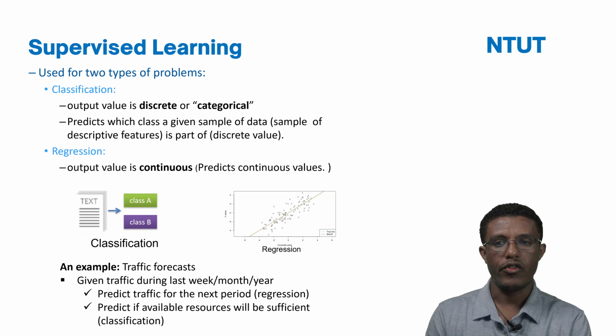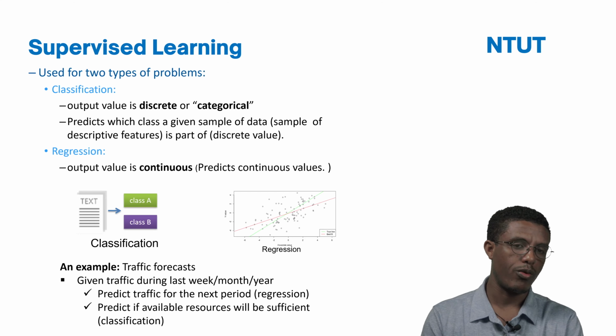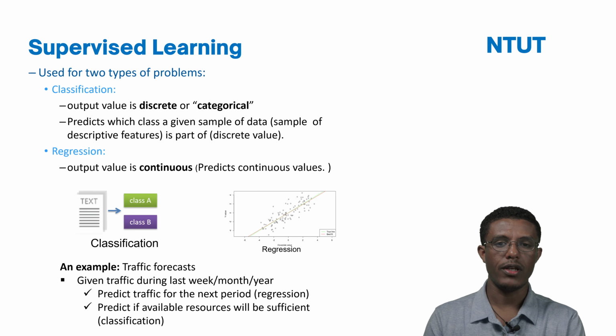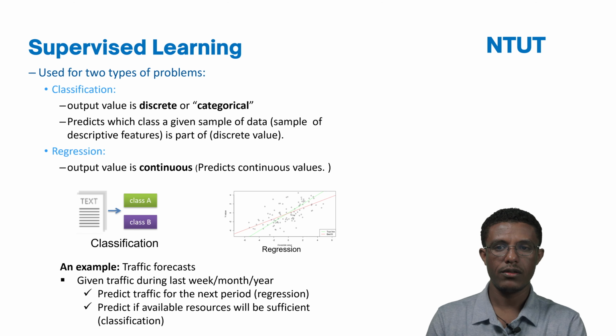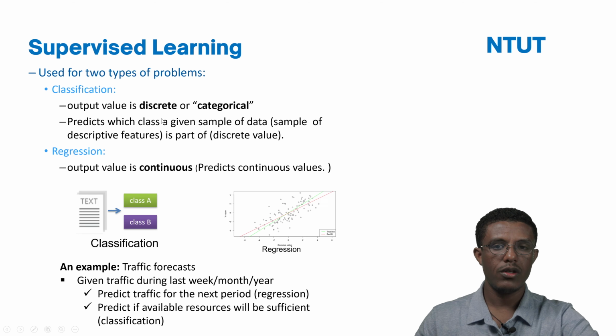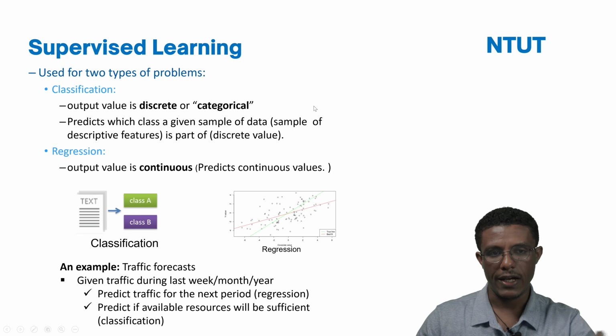Supervised learning is used for two types of problems. Commonly, supervised learning is the most common type of algorithm, used mainly for two types of problems. The first one is classification. In classification, the output value is discrete or categorical.